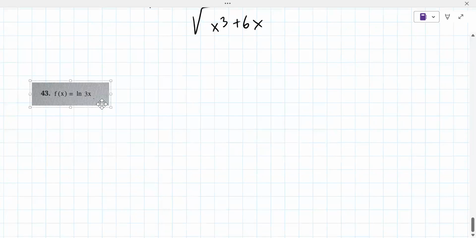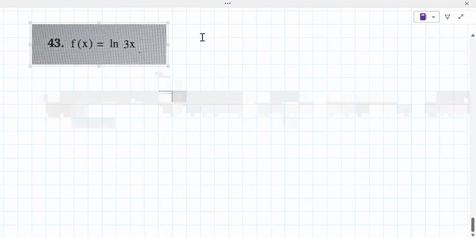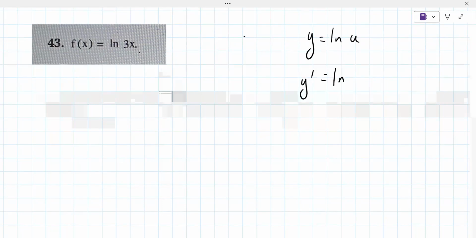So the idea here is that, now that you have this knowledge of logarithms, you can use that to answer this question. We've done this problem a couple of ways now. As I've mentioned to you, if y equals the natural log of u, then the derivative is 1 over u times u prime.